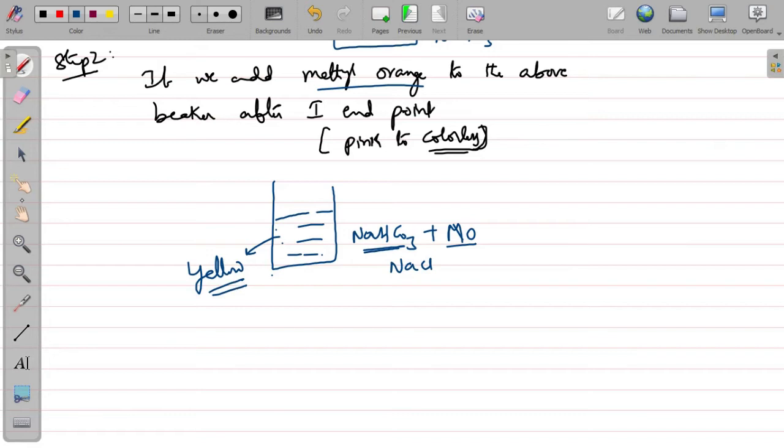Now to this solution, you add HCl from the burette. This HCl solution which you are adding from the burette is a standard solution. That means you already know its concentration. Whatever quantity you take in the burette and add, every time you know its concentration because you prepared it. Therefore, you know its molarity.